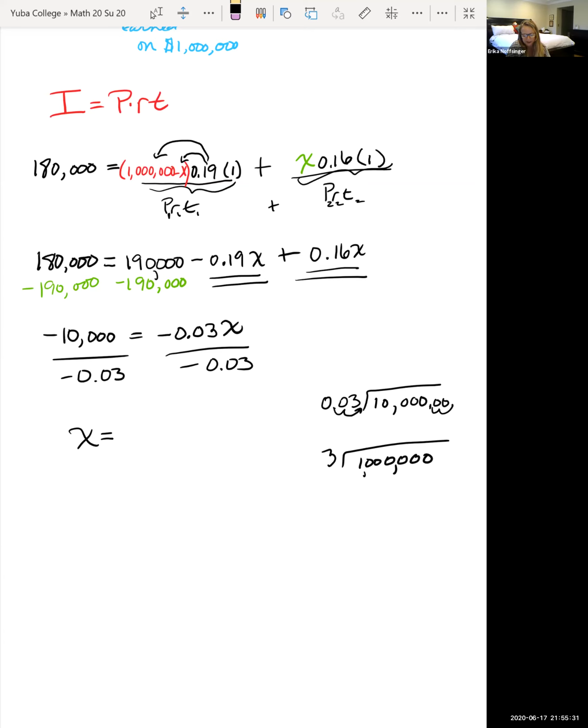So 3 doesn't go into 1, 3 goes into 10 three times, that gives me 9. Subtract: 10 minus 9 is 1, bring down my next 0, this is 3, that gives me 9. Subtract, bring down my next 0, it gives me 3. So I can see a pattern here, and that is going to give me $333,333.33 approximately.